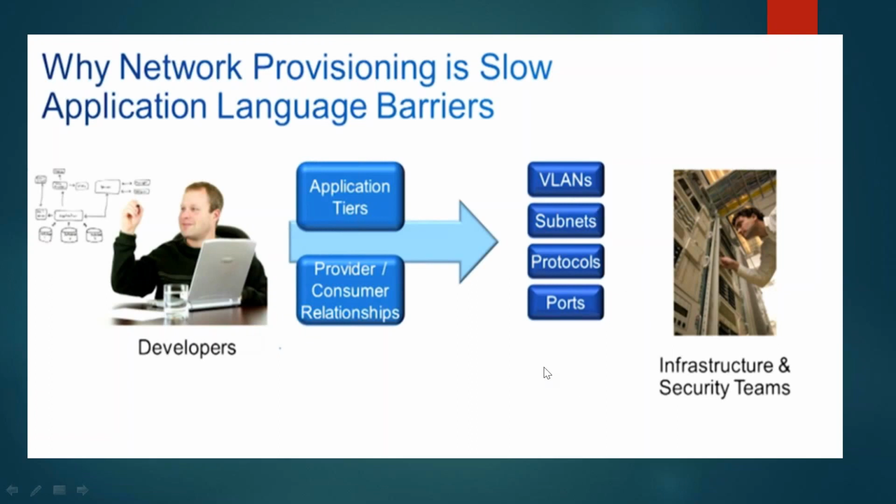And in the traditional network infrastructure, what do we have? We have VLAN, subnet, protocols, ports, routing constraints, security constraints, which means we have barriers everywhere. The traditional network is not there for the application. The network is there, you can write your application, and the application will flow over the network, but it is not an application-based network. It's a network, and on top of that you write the applications.